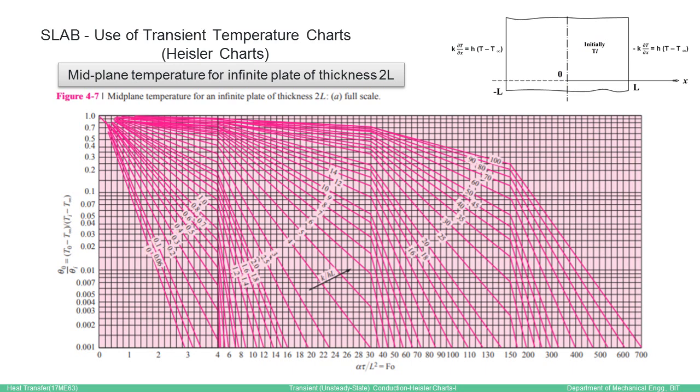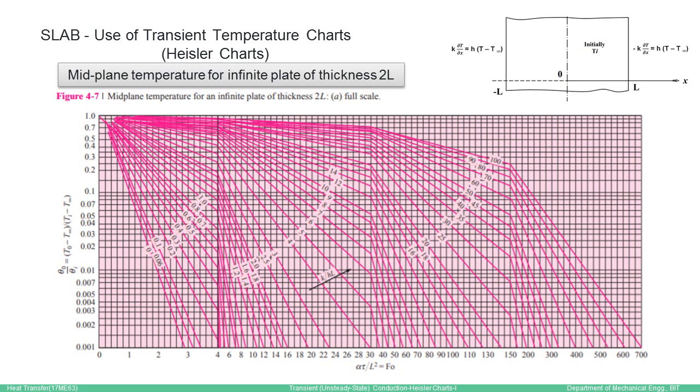The y coordinate is theta naught by theta i, where theta naught is T naught minus T infinity, T naught being the center line temperature, and theta i is Ti minus T infinity, where Ti is the initial temperature of the slab and T infinity is the ambient fluid temperature.